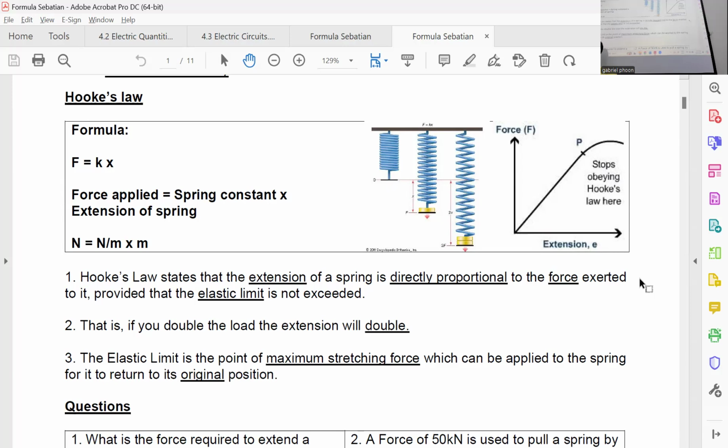My friends, it's like kg. 1 kg is 1000 grams. So 1 kilonewton is also 1000.